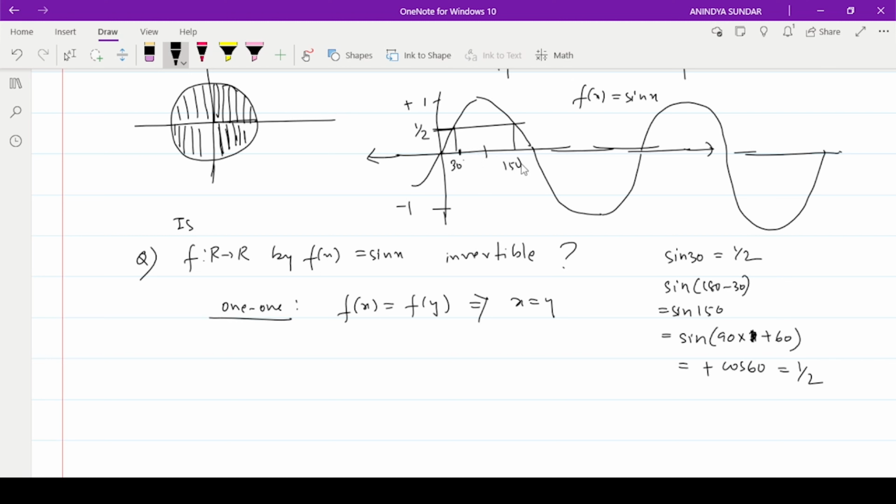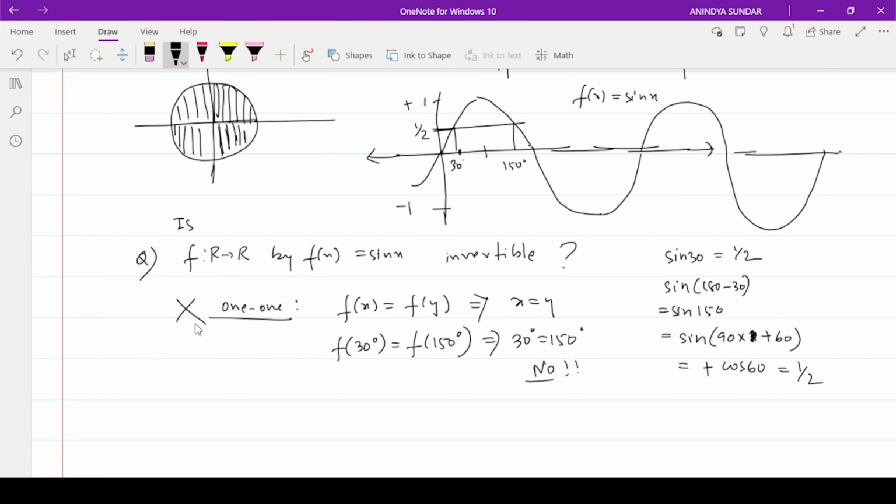At 150 degrees, the image is also half. That means f(30°) is the same as f(150°). Is that going to imply that 30 degrees is equal to 150 degrees? Obviously not. So that means this function is not one-one.